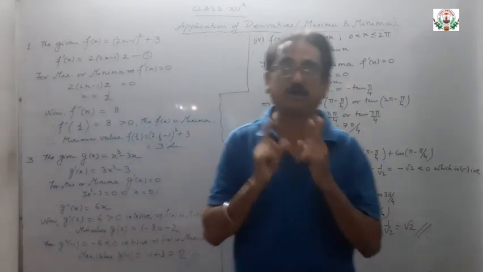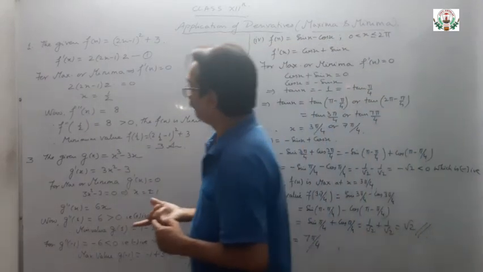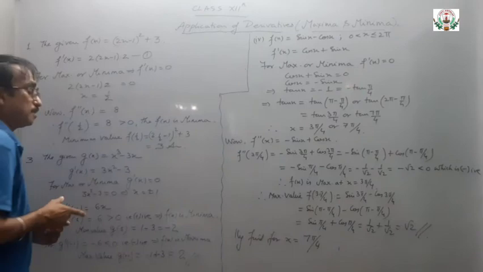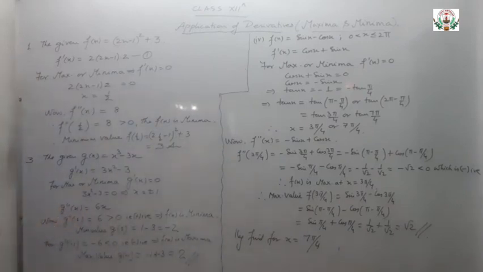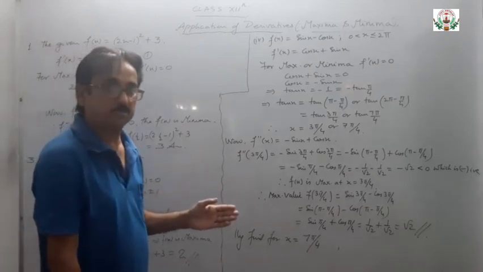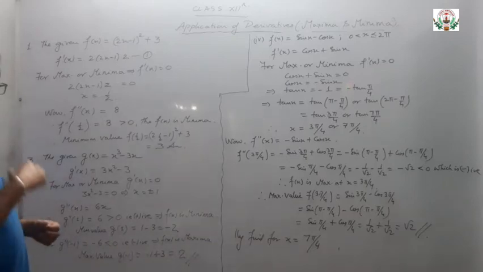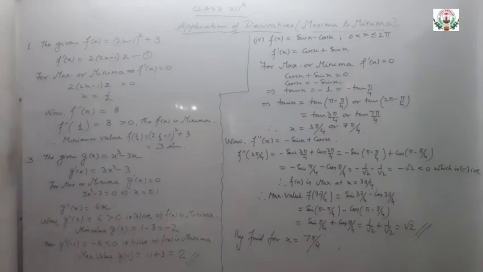After differentiating one time, we will equate it to 0 for calculating the points of maxima or minima. That is, dy by dx equals 0, get the values of x, and then again differentiate, calculate the second order derivative, and evaluate it at the points you got.